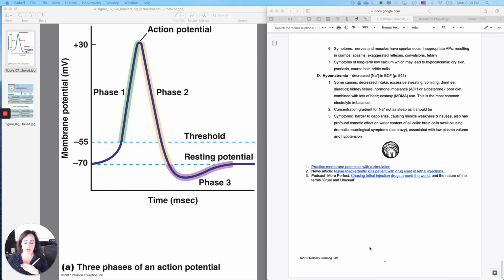You're not thirsty, you're dancing in the desert, for instance, at Burning Man, for 5-6 hours, and you're not thirsty at all, and you sweat out all of your fluid and you get yourself some hyponatremia. And if you're not treated for it, then you can actually die because of the impact on your cells.